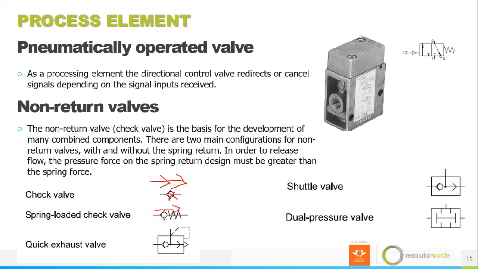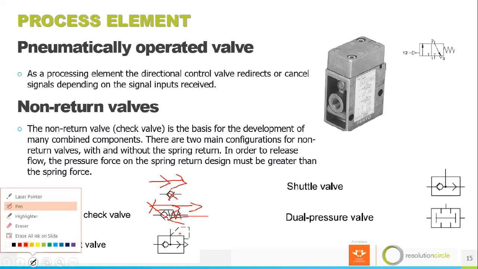What's nice with this one is that when the applied pressure is lower than the force of the spring, nothing will happen. But whenever the applied pressure is above the force of the spring, it will allow pressure to move in this direction. Then whenever you cut pressure on this side, the spring will immediately close the valve. Okay.